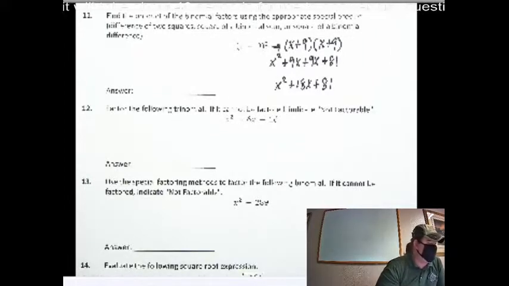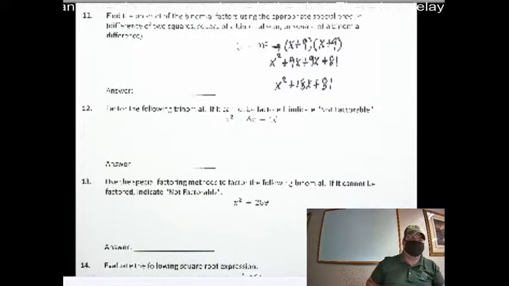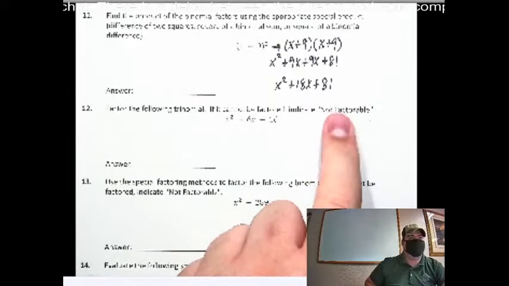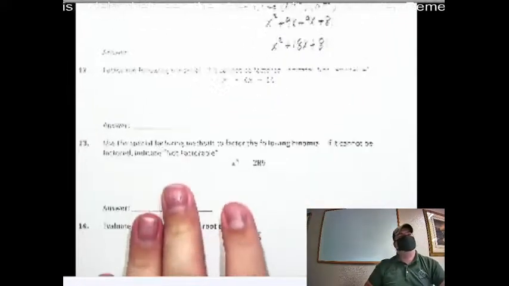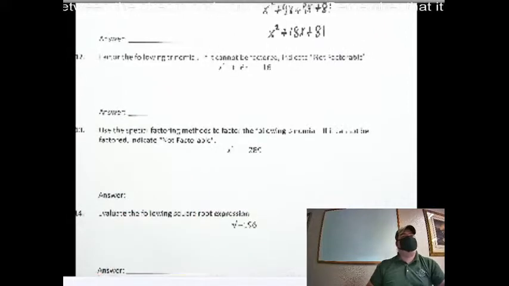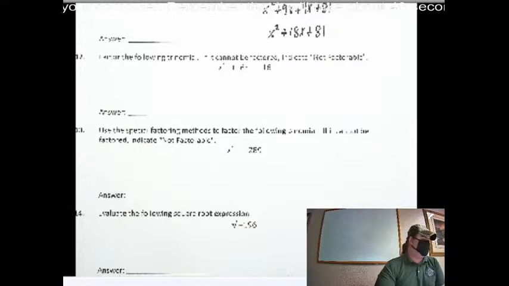Next, factor the following trinomial. If it cannot be factored, indicate not factorable. Now, I'm pretty sure that all of the questions that I put on the review can be factored. I'm pretty sure I didn't put any that are not factorable. Now, the way you tell is by using the AC method.